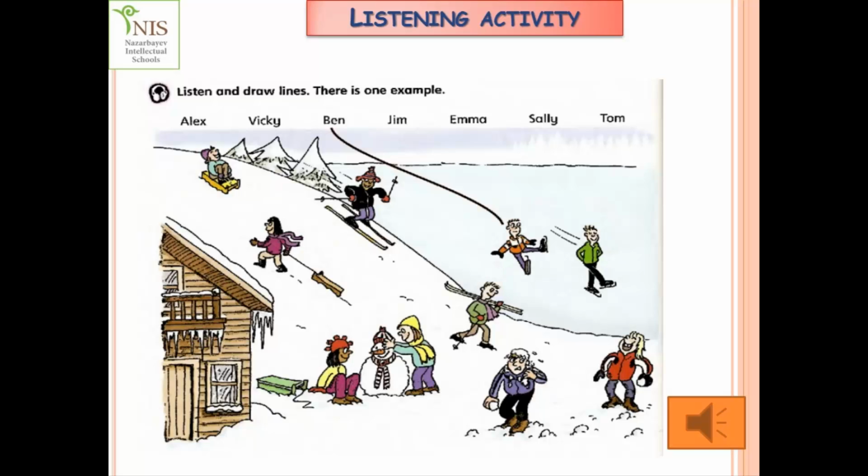Which boy do you mean? The one who's going down the hill very fast? No, the other one in the green jacket. What's his name, Dad? That's Tom. He's had lots of lessons, so yes, he's very good now. And who's that girl? The one in the funny red hat? Where? I can't see. Over there. Oh, that's Alex. Why is she sitting down on the snow? I don't know. Let's go and see.